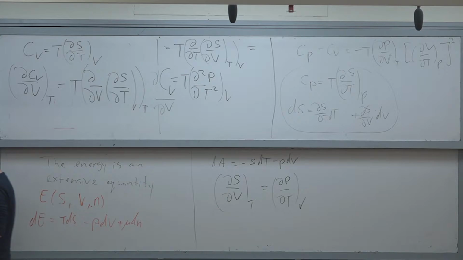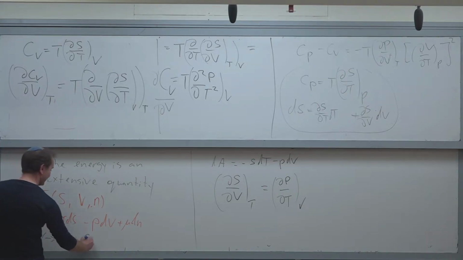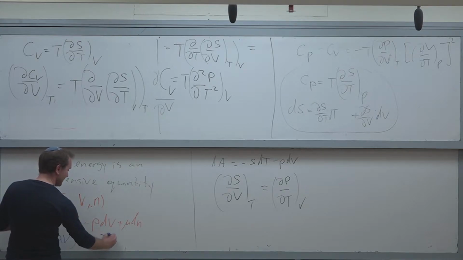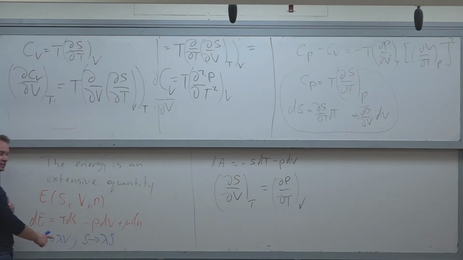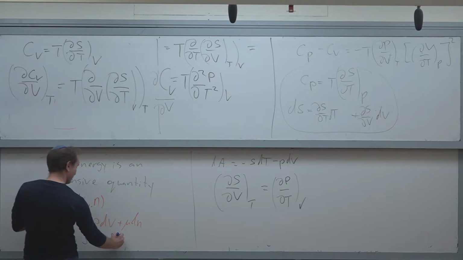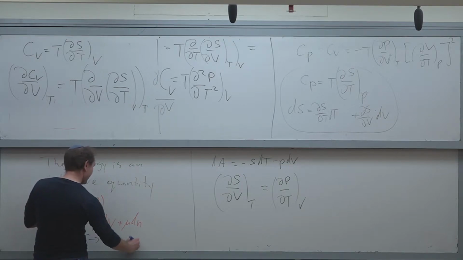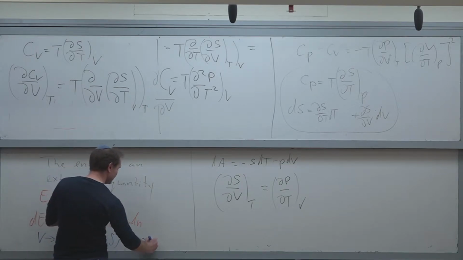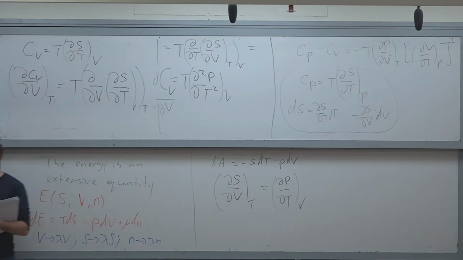So what happens if I perform the following changes? V goes to lambda V. S goes to lambda S. Lambda is some positive quantity. And N goes to lambda N. The same lambda, absolutely the same lambda.